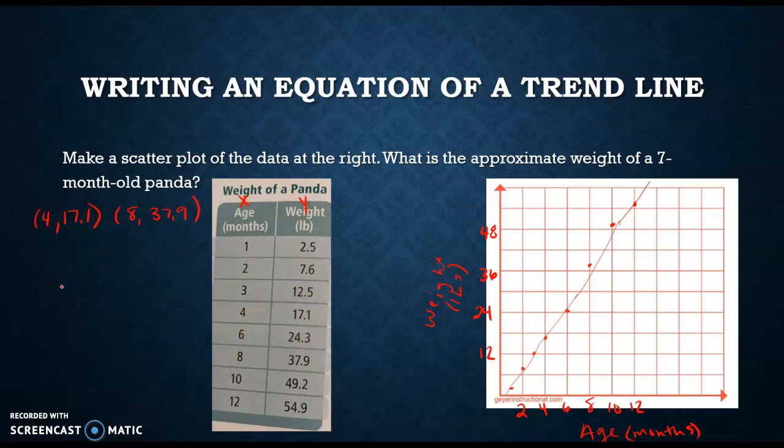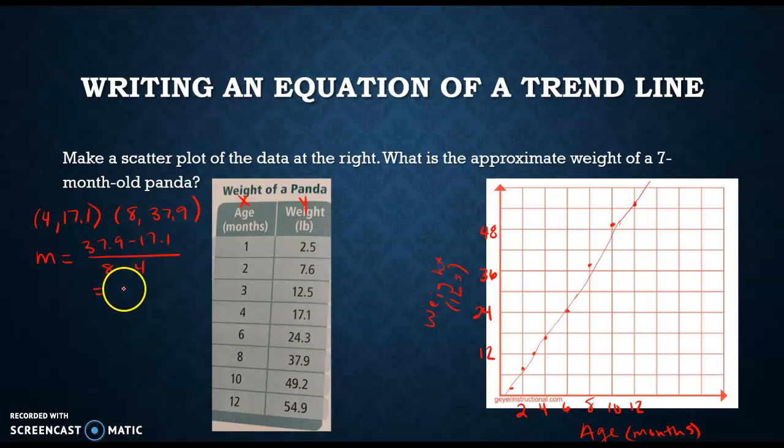From here, we're writing the equation of the line. Whether you use point-slope form or slope-intercept form, either one of those is all right with me, but the first thing we need to do is find slope. So I'm going to do 37.9 minus 17.1 over 8 minus 4.